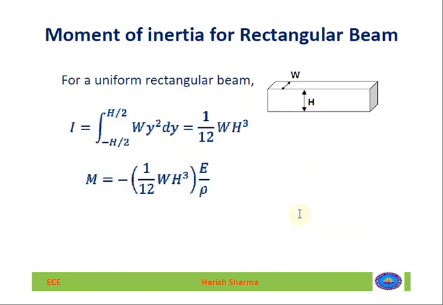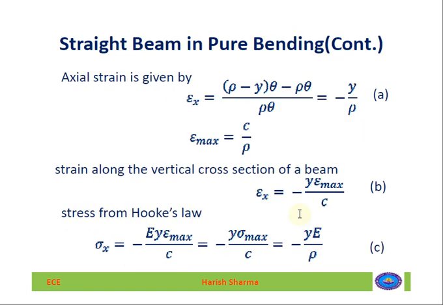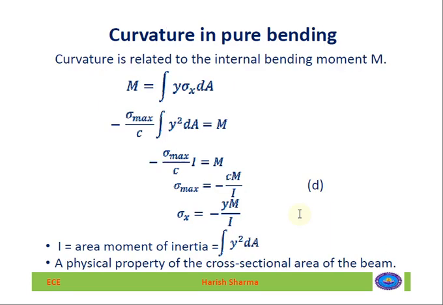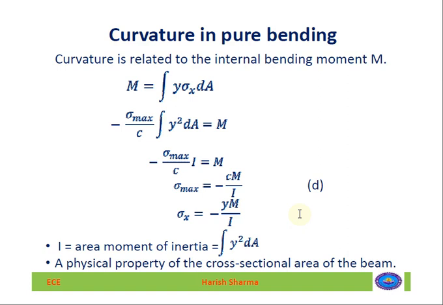How can we calculate the curvature in pure bending? From the first equation, epsilon x equal to minus y upon rho. Then the curvature in pure bending is related to the internal bending moment M. What is the formula for the internal bending moment?